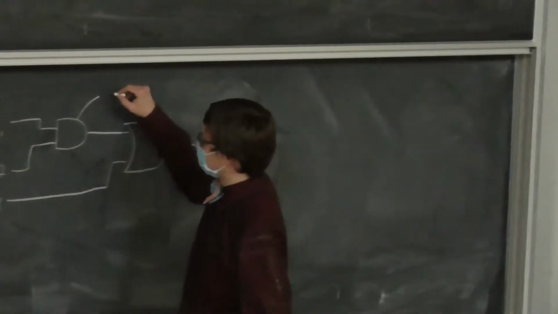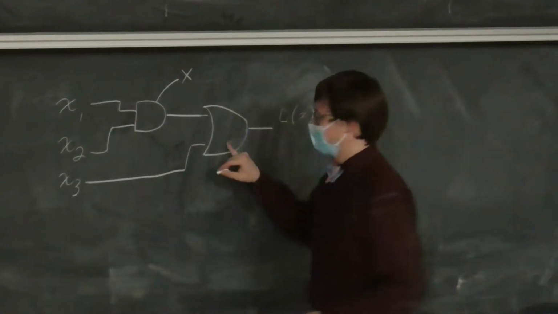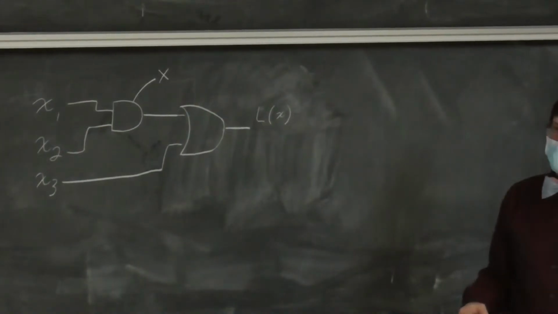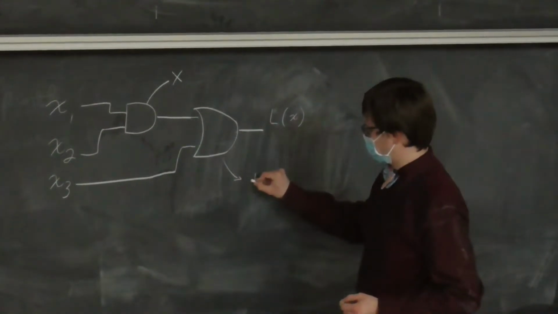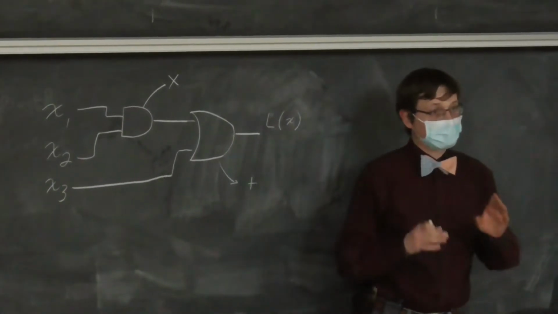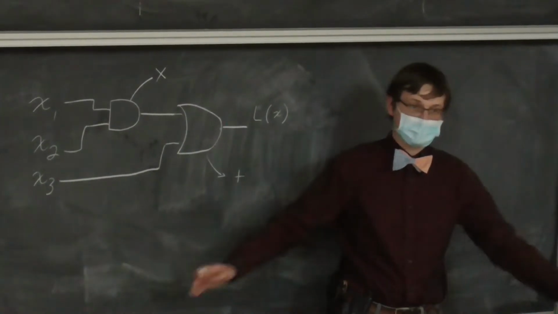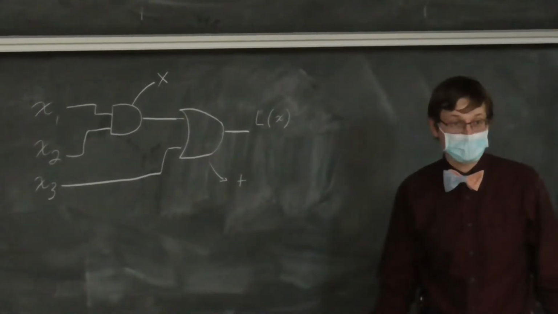So AND gates are multiplication, right? OR gates, on the other hand, are addition with one caveat. If we define 1 plus 1 as equaling 1, then everything works, right? Because there's no concept of 2 here, right?